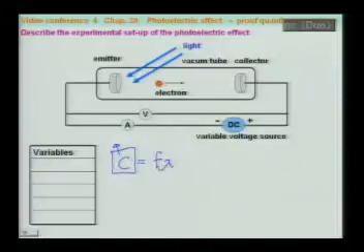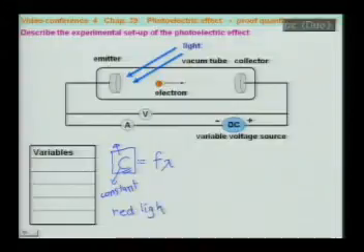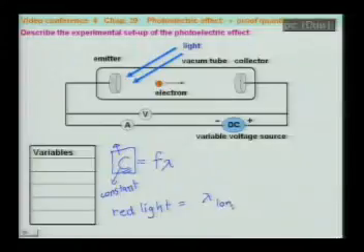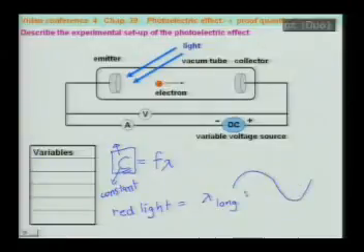C is equal to F lambda, so this is a constant. The speed of electromagnetic waves, which include visible light, in vacuum is constant, which is equal to C. Okay, if we look at red light, lambda is very long. This is the wavelength.